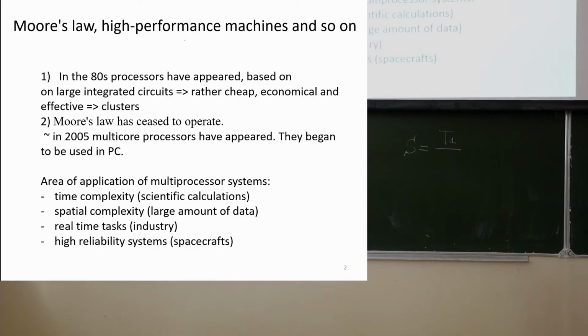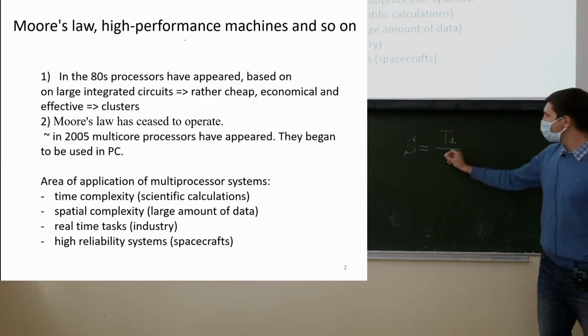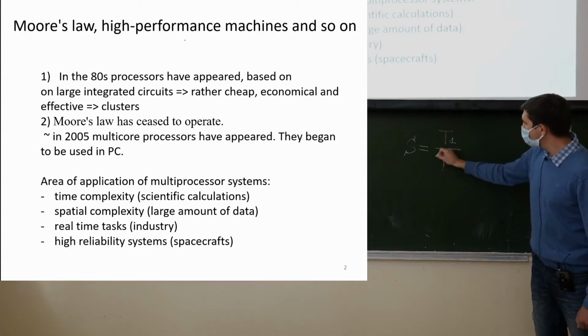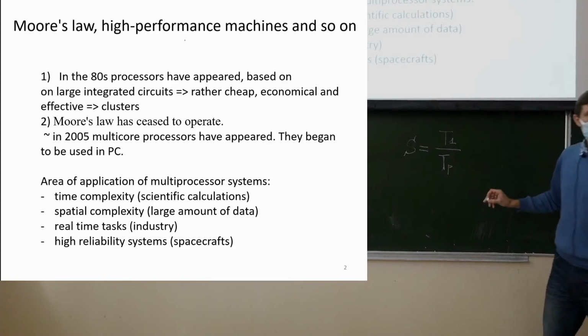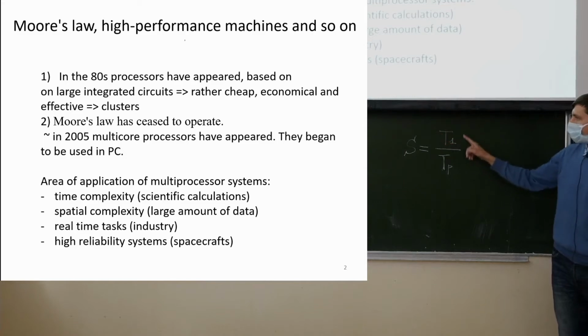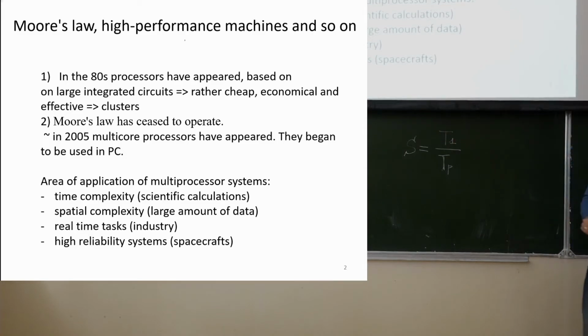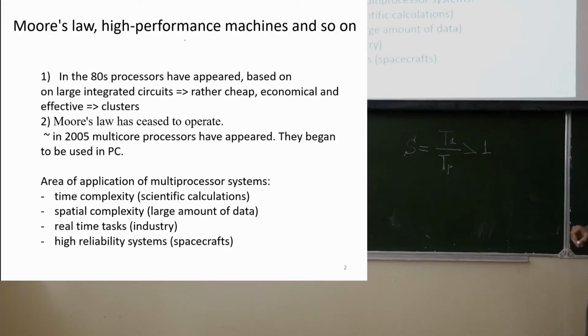That means that T1, the time of serial code, will be greater than the time on several processes. Let P be a lot of processes. So the ratio of the time of serial code to the time of parallel code should be greater than 1 or even much greater than 1. This is our goal.